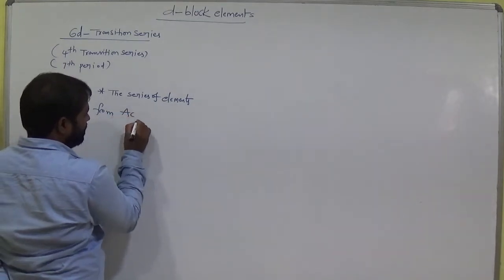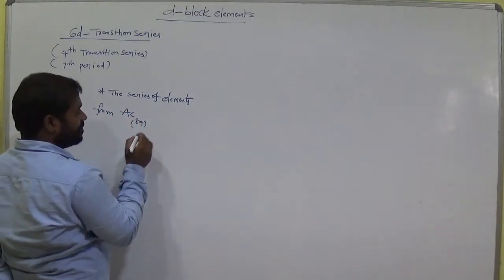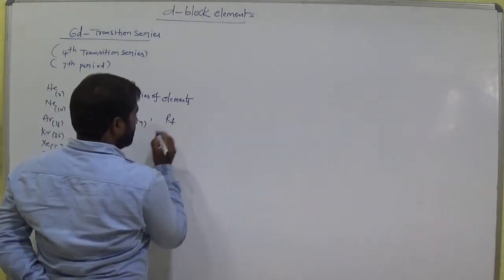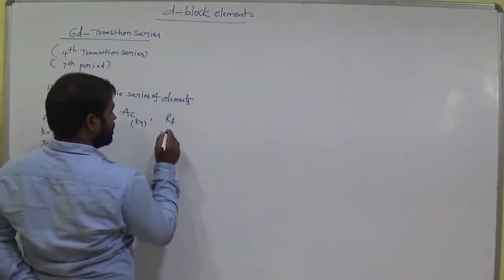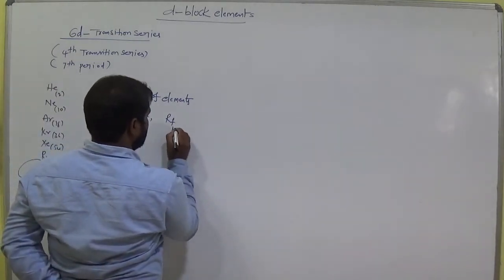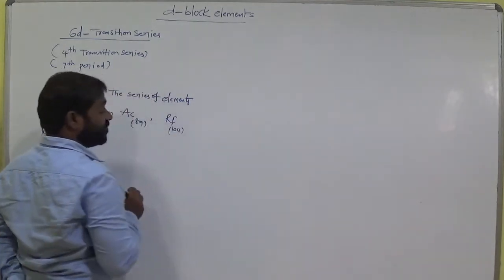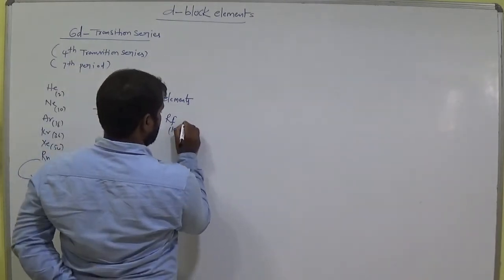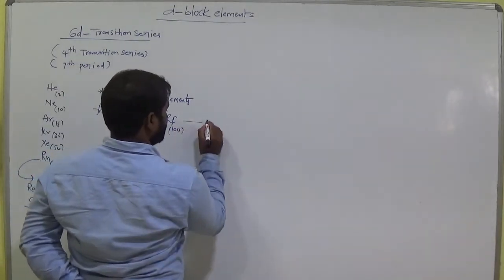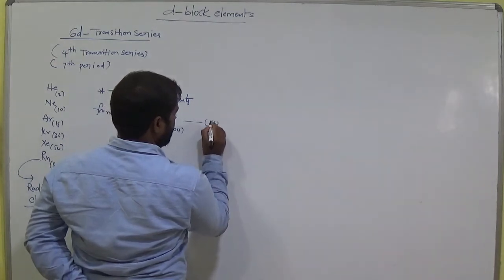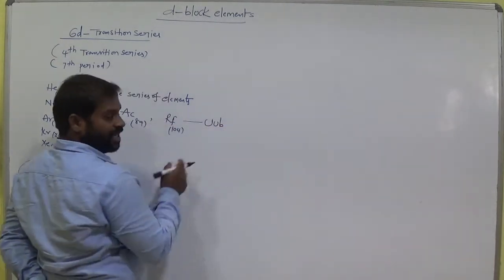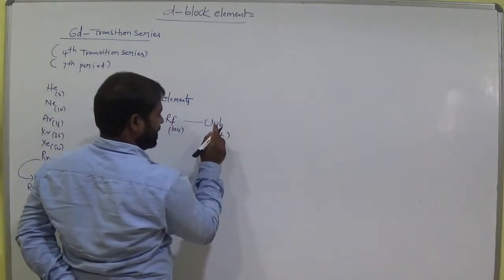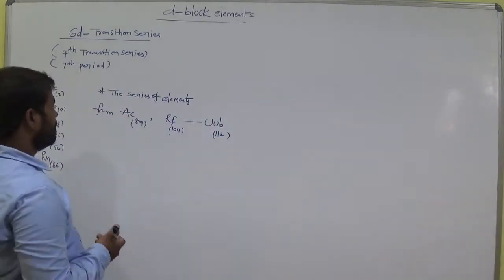from actinium, atomic number 89, and after that Rutherfordium, whose atomic number is 104, Rf, to UUB, which I will explain, and its atomic number is 112. Still, its name is being decided.